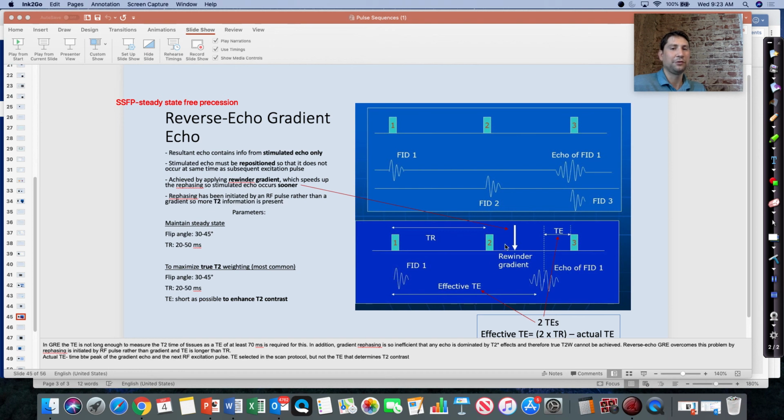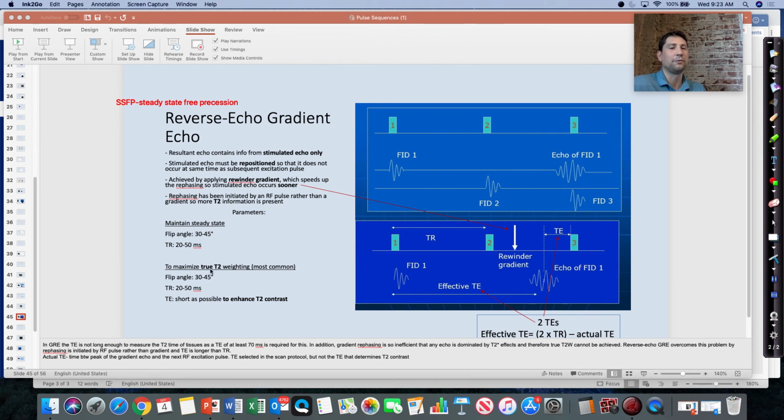So the main thing we want to remember with this is you're going to be using a rewinder gradient to have the stimulated echo occur sooner, not over top of your third free induction decay, so that you can sample the signal just from that stimulated echo.